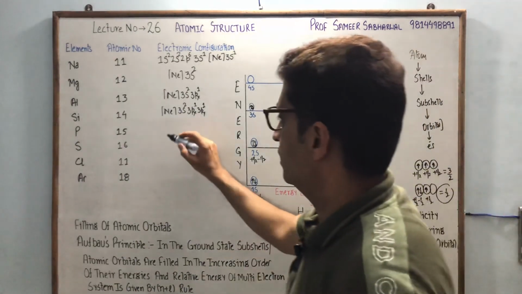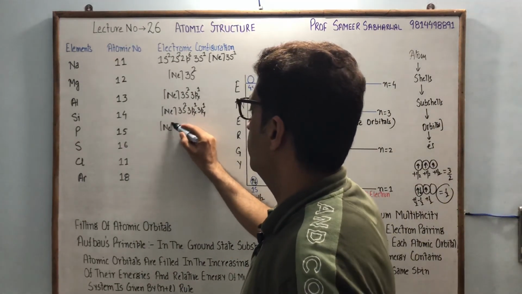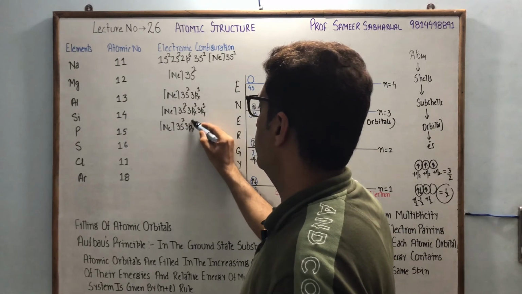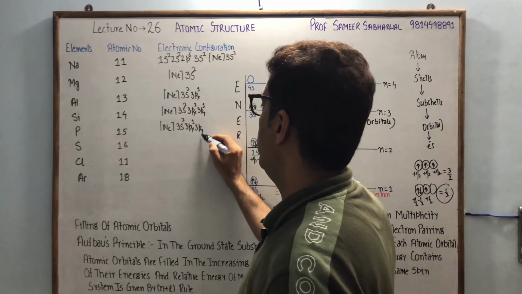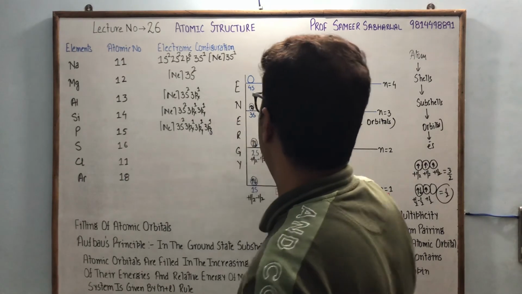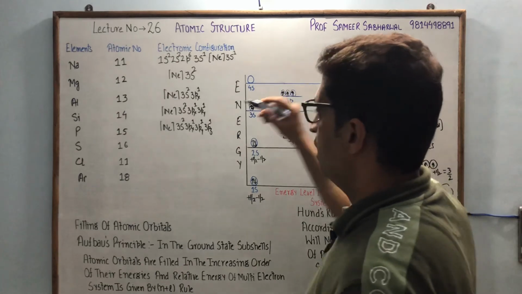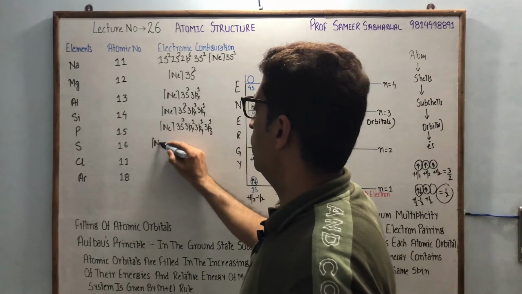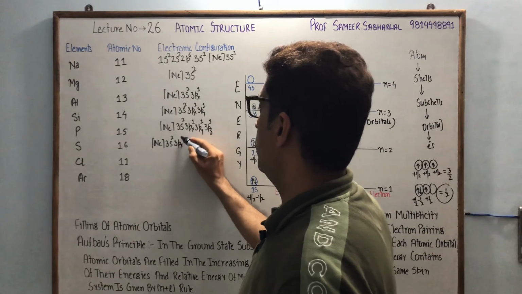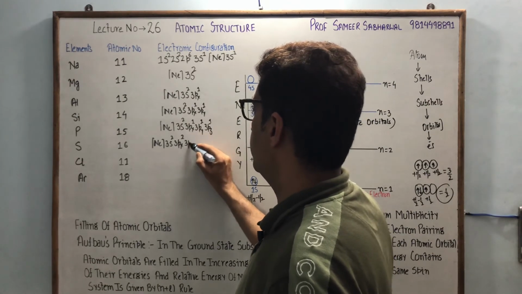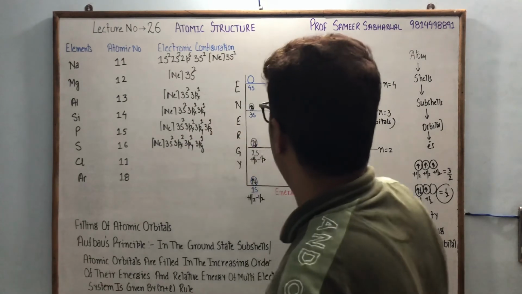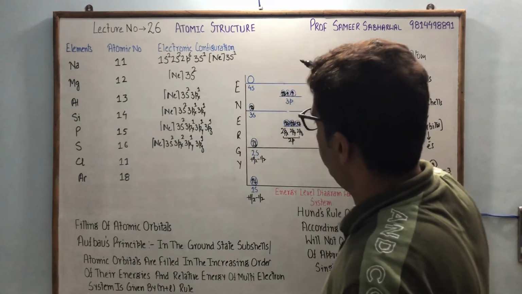Then phosphorus neon 3s2, 3px1, 3py1 and 3pz1. So this is your phosphorus. Sulfur neon 3s2, 3px1 से अब 2 हो जाएगा, 3py1, 3pz1. So simply this is pairing.